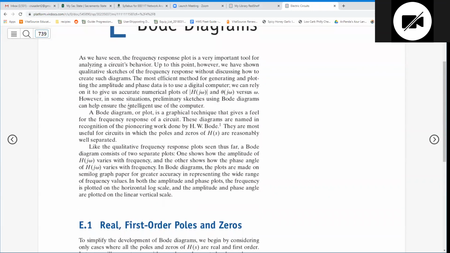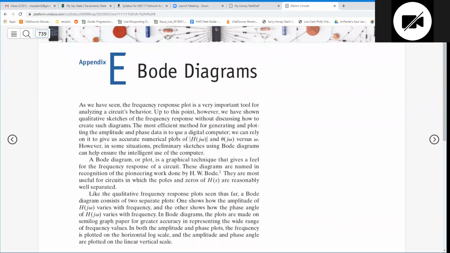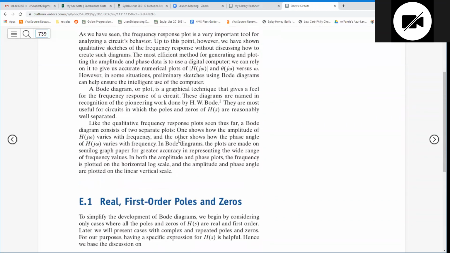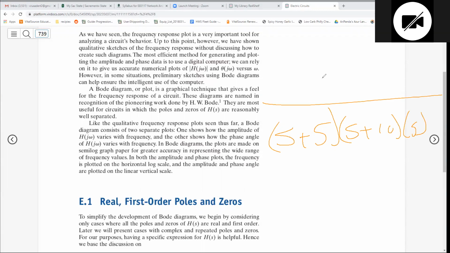Okay, all right. So let's go ahead and start talking about Bode plots. Remember, the idea is we talk about the dB scale because instead of multiplying gains together, we can add gains together so we can calculate it really easily. That comes down to circuit analysis. If you remember, on the exam and everything, you always had something like (s+5) times (s+10), and maybe an s here, divided by (s+14).